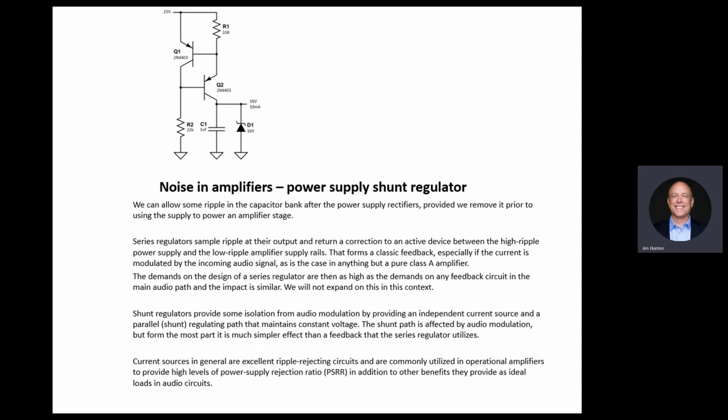Whatever current goes into it, it hardly moves in voltage. And we can fix some current here that is higher than the current that your equipment needs. Let's say your amplifier, phono stage needs 30 milliamps. You can make this current source a 50 milliamp current source.